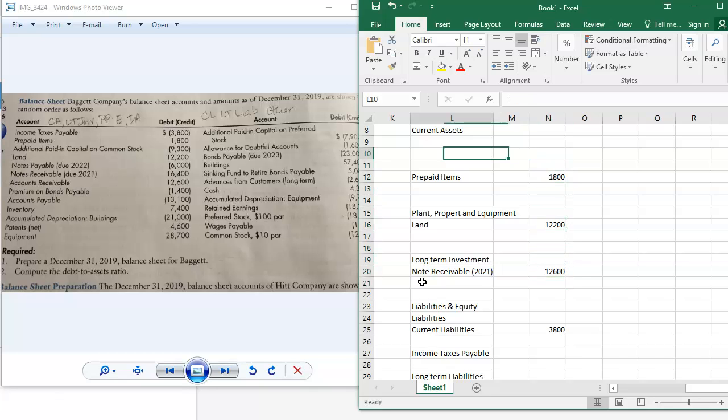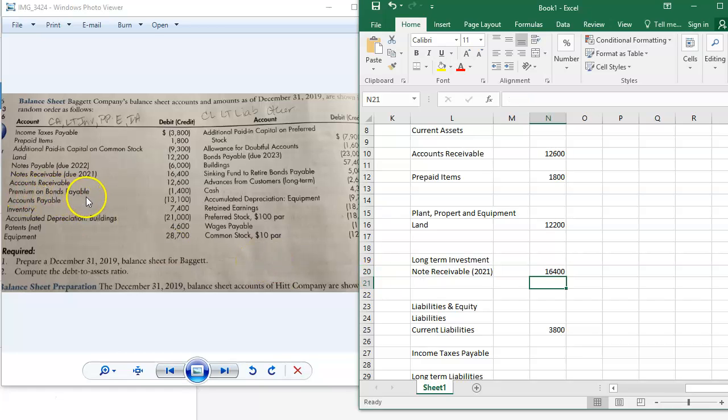Accounts receivable would usually be second. And that's the one that's 12,600. This is actually 16,400.